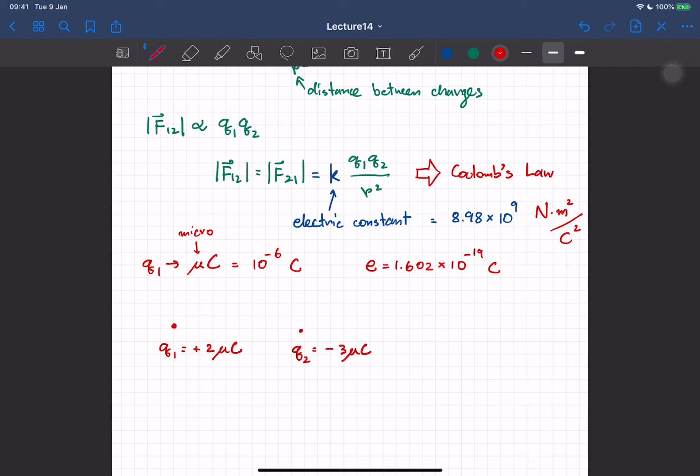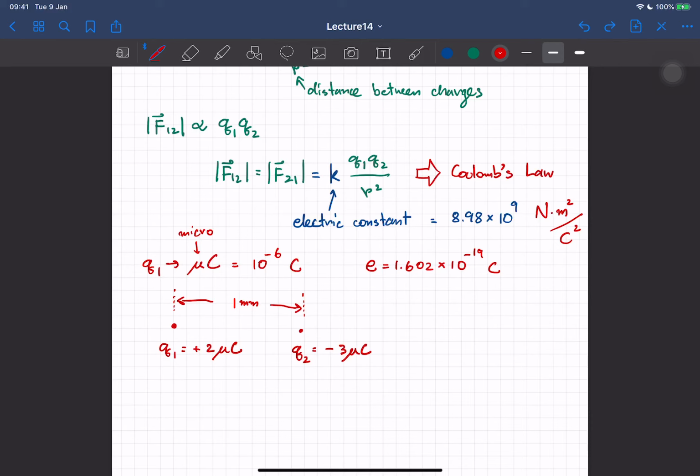If these two charges are 1 millimeter apart, calculate the Coulomb force, so the force according to Coulomb's law, on each charge. And when I say calculate the force, you need both the direction and the magnitude, because remember, force is a vector.